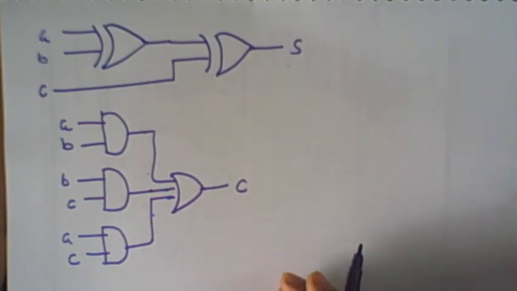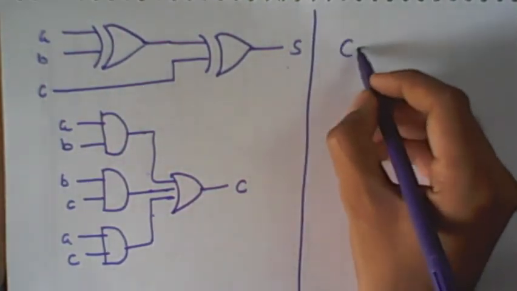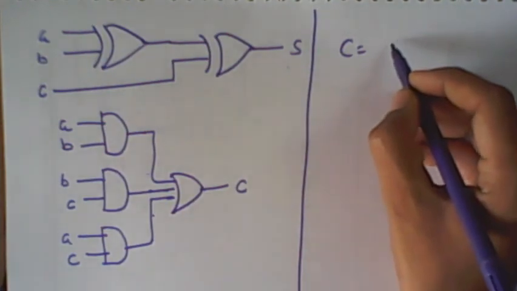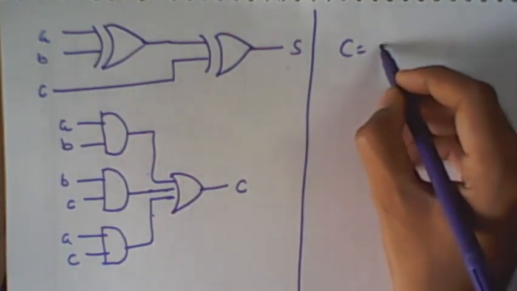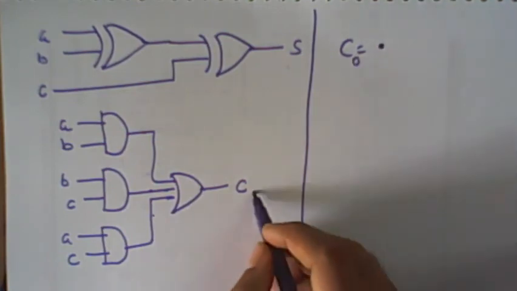Now here the carry we can also produce from the sum bit. Another way we can write the carry, it is Z, which is the third bit, which is C out, carry out.